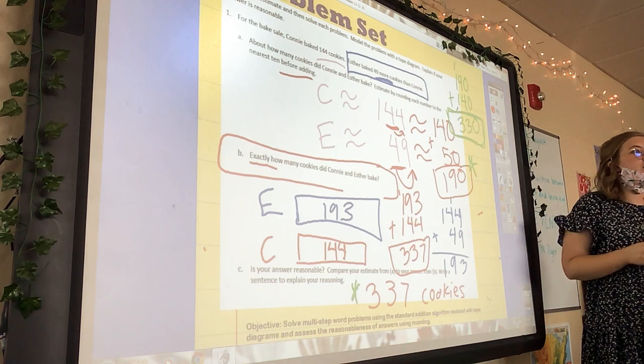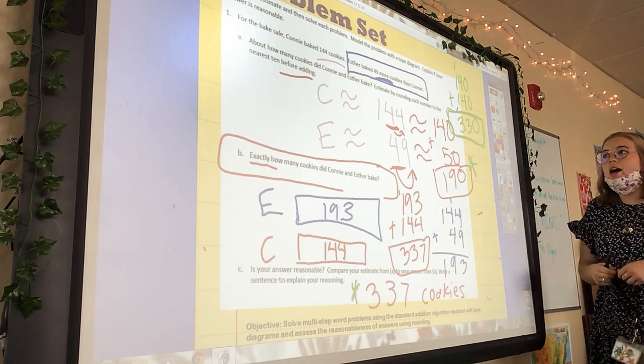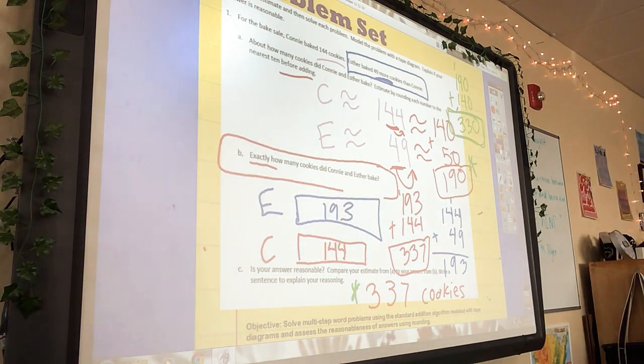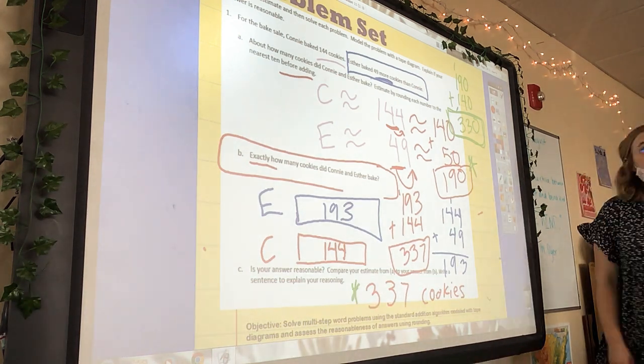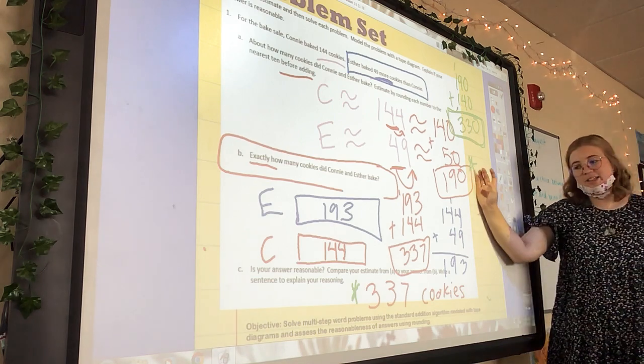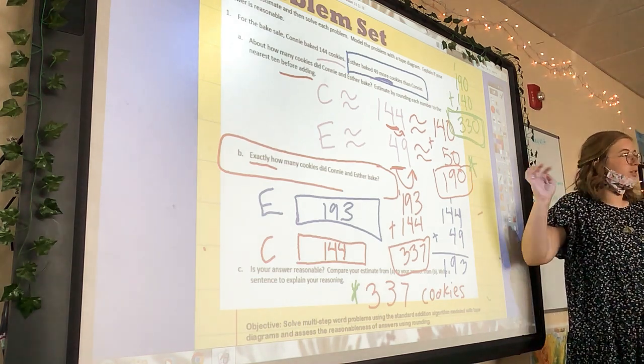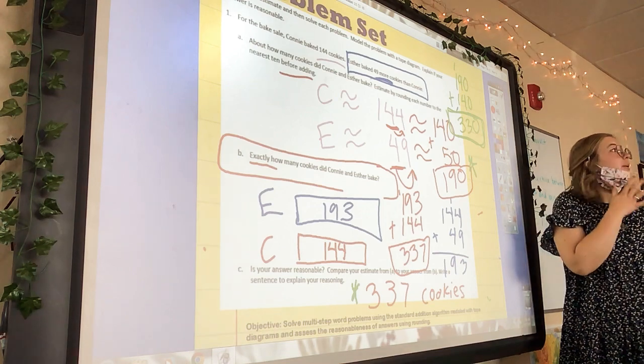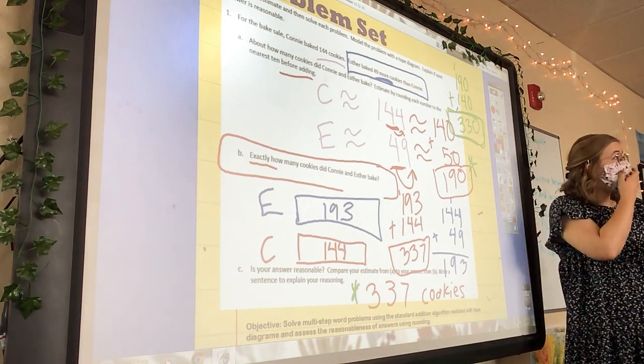Sometimes directions aren't super clear, right? I would look at that and be like, I'm not really sure exactly what it's asking me. And I think a lot of you were on that same page when we were going through the problem. So it's kind of funky, but honestly, if you were to put 190 as your estimate on a test, I would be merciful and I would let that slide. Okay? So, anyway, we are going to move on.